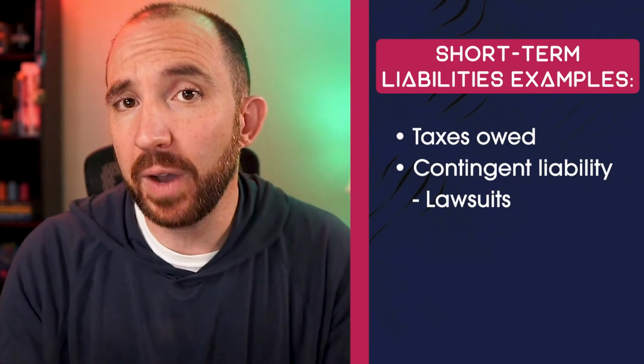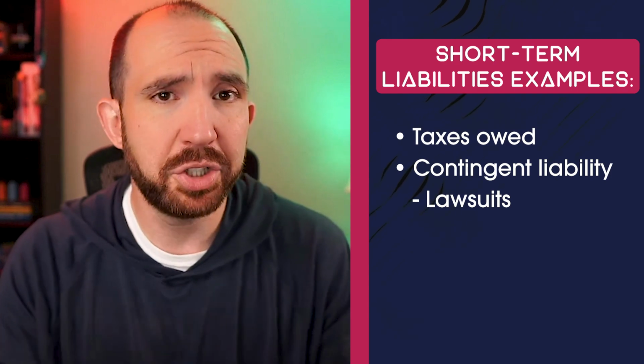If a lawsuit gets filed against you, there is a chance that you may have to pay out a liability if you are found to be guilty or in violation by a court or by an arbiter or something along those lines. You may also choose to try to settle that case out of court, in which case you'll want to start accruing a liability for the potential that you'll have to pay that on a contingent basis.